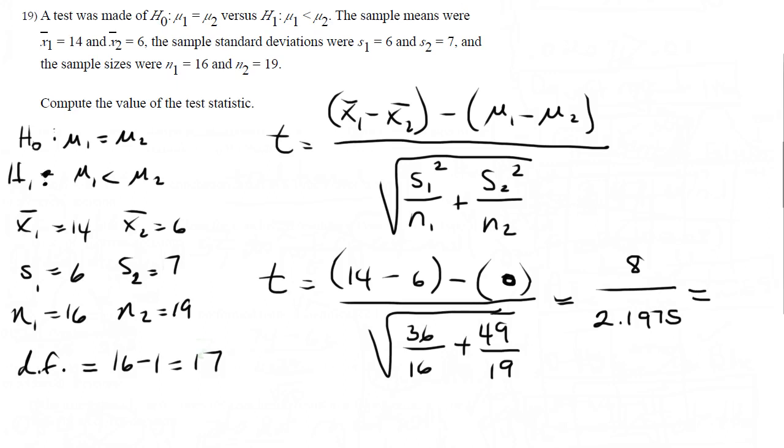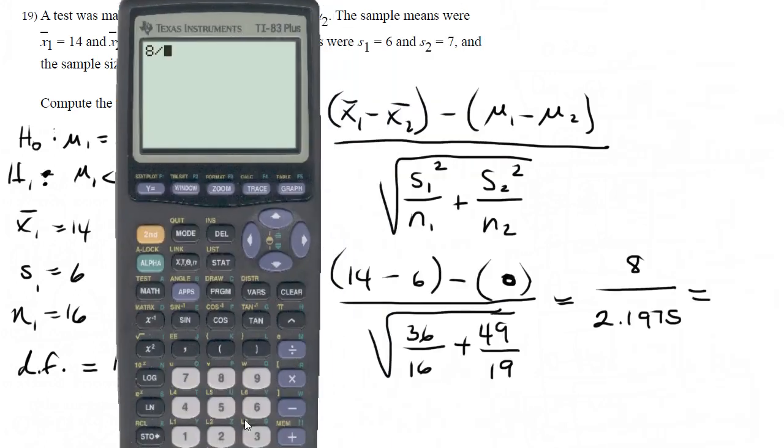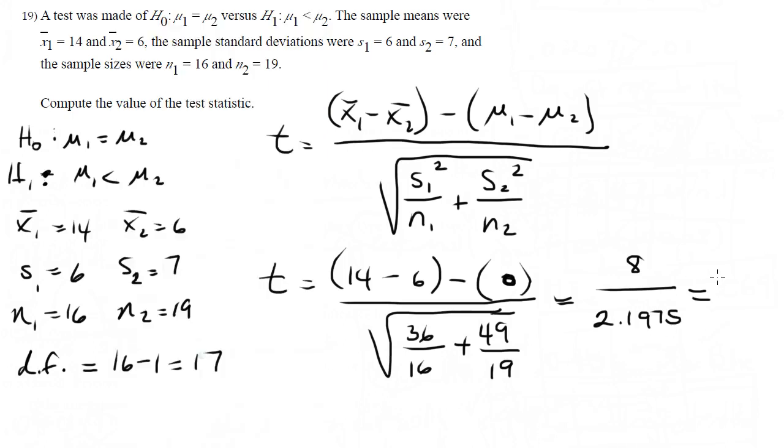That's not nice. What I meant to type was 8 divided by 2.1975, and I should have got 3.64. Sorry. 3.64. The test statistic is 3.64.